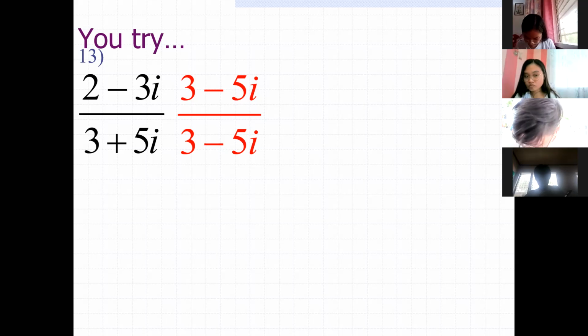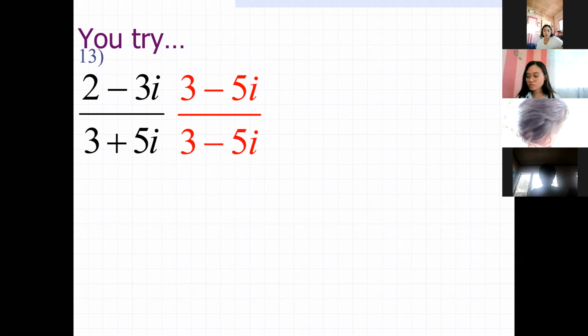We have an answer from Kent Buliser. We're still waiting for the answers of the others. Use the front slash for your fraction bar. Separate your real part from the imaginary part, which means that you are going to show your answer in standard form.